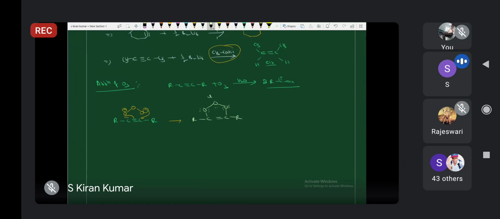Okay, this is unstable. Lone pair repulsions are present here, and because of lone pair repulsion, stability decreases. Now the peroxy bond breakage takes place. Any one of these peroxy bonds can break.